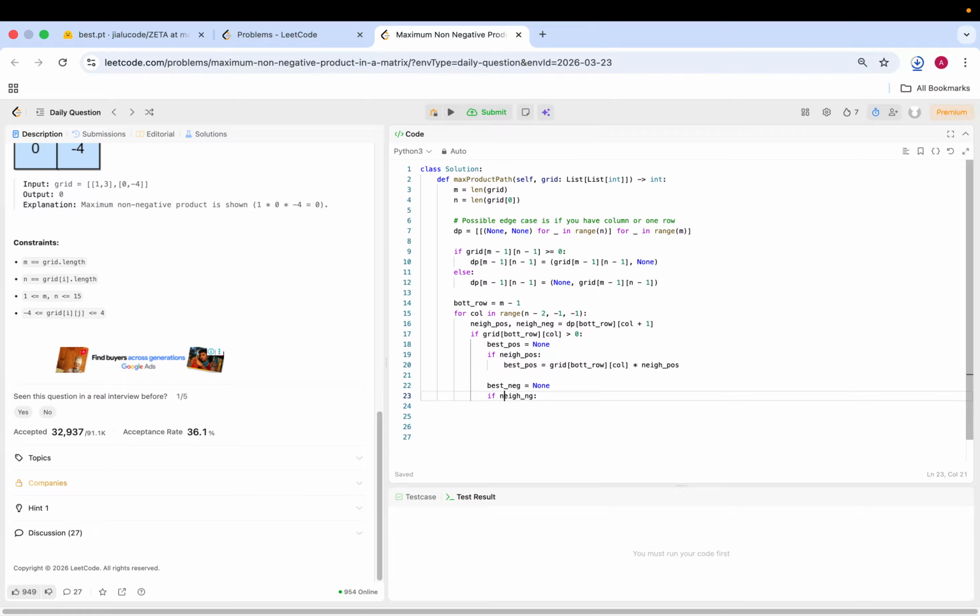If neighbor negative is not none, then best negative is equal to alpha times our gamma. This feels a bit silly, but anyway, it's alright. So we have, I think I need to put these in the outer scope.